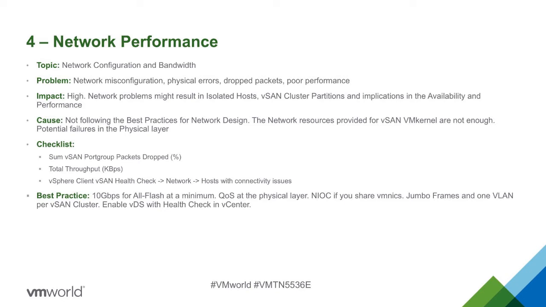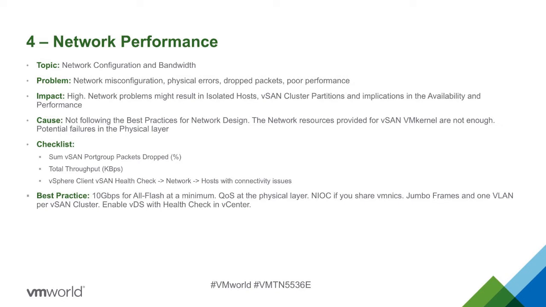So we have just a few checklists, but check number one on my list is the dropped packets, sent packets, dropped packets. What can we use in order to get those metrics? One more time, ESXTOP. It's possible to work with PowerCLI and, of course, vRealize Log Insight and vRealize Operations Manager.